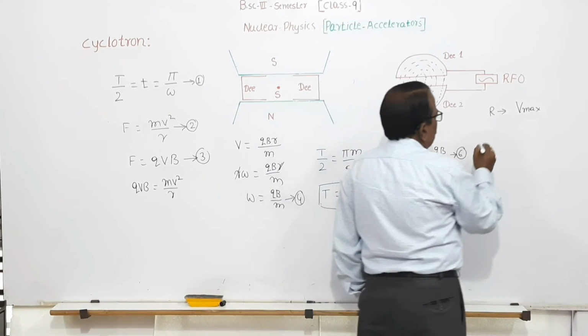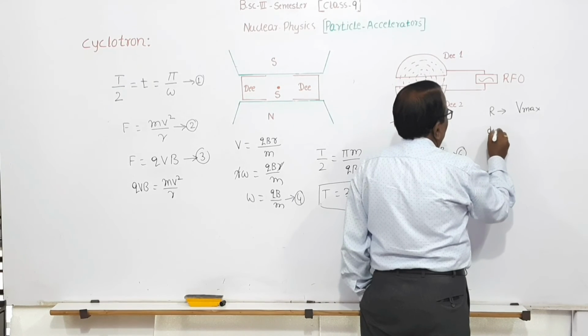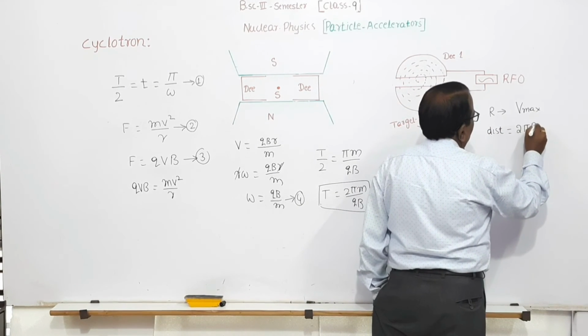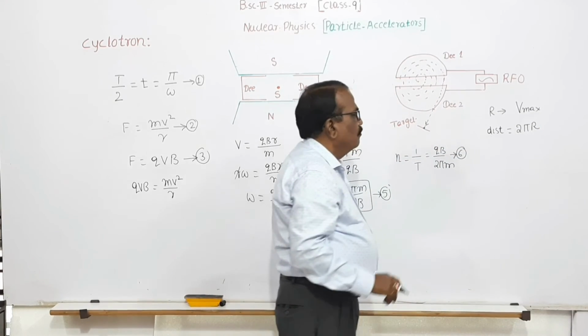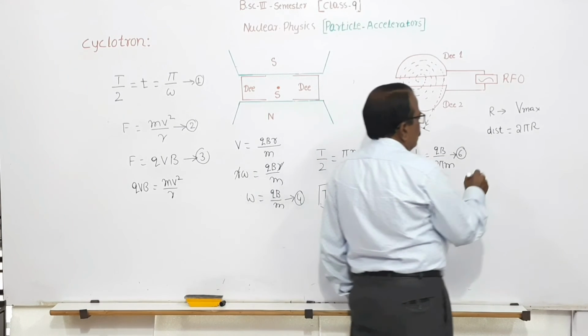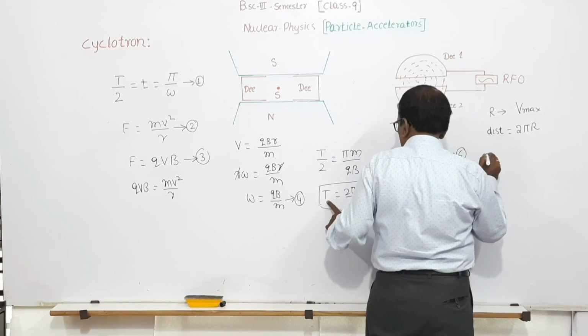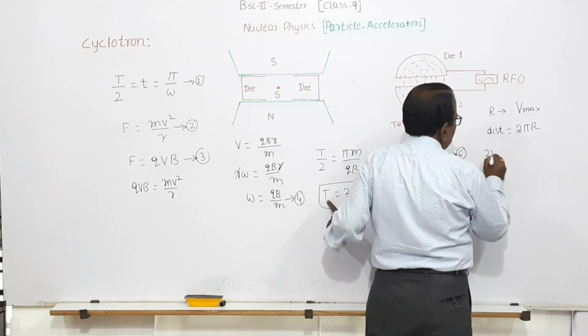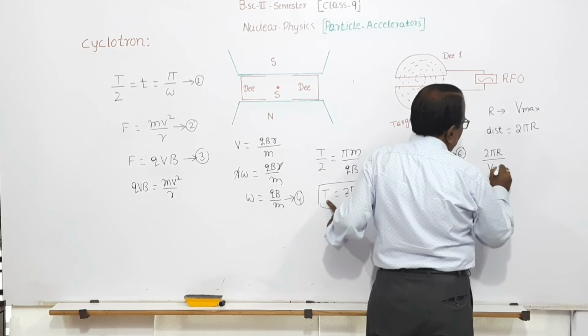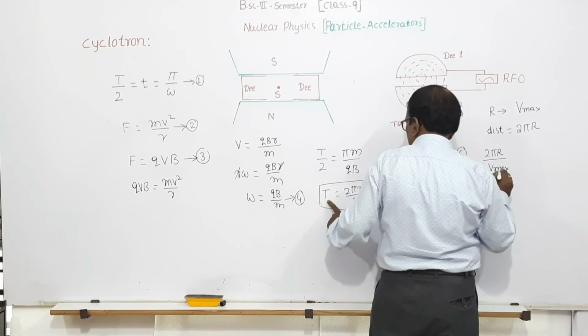Then total distance traveled is equal to 2 pi r. You know, time is distance upon velocity. So this time is distance 2 pi r upon v maximum velocity.